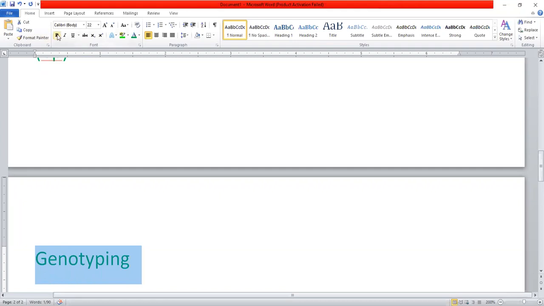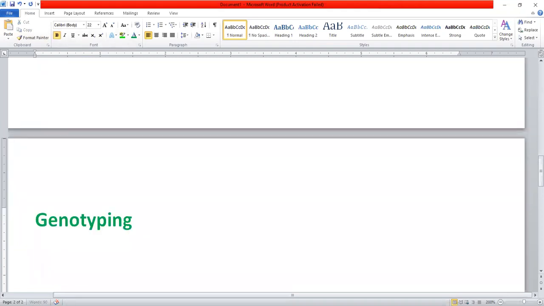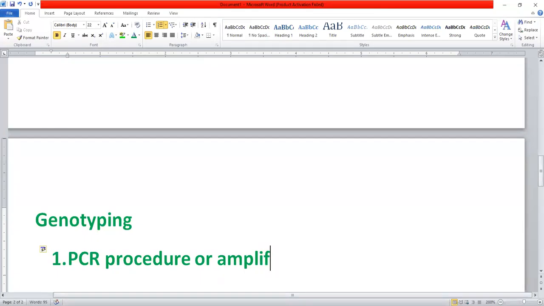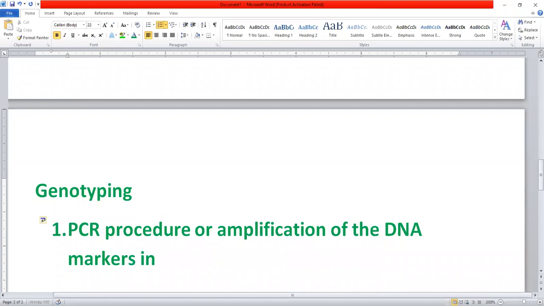These can be summarized as, number one, the PCR procedure, or we can simply say the amplification of the DNA markers in each of the F2 individuals.